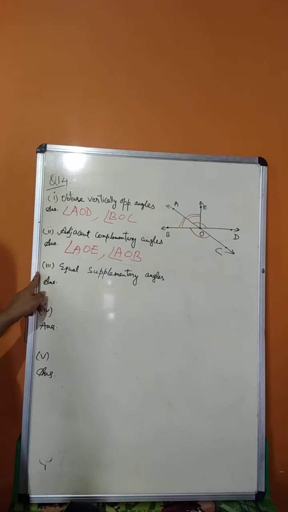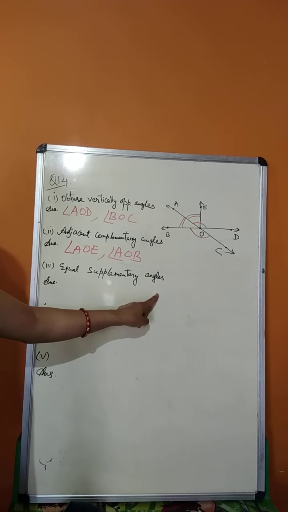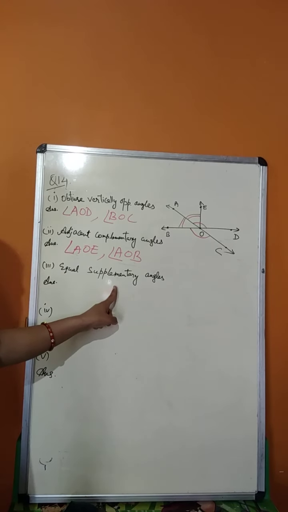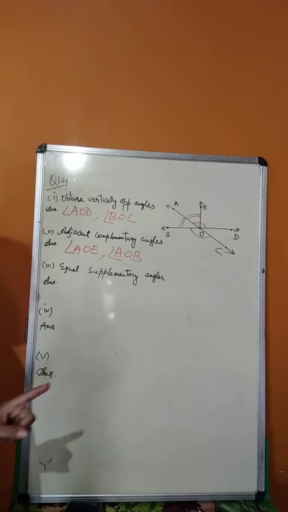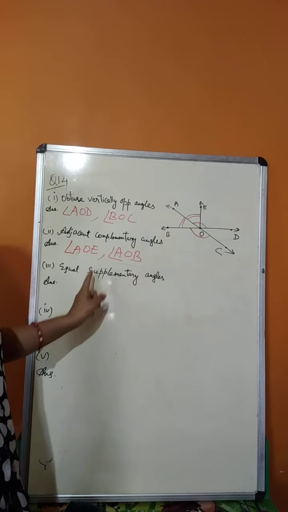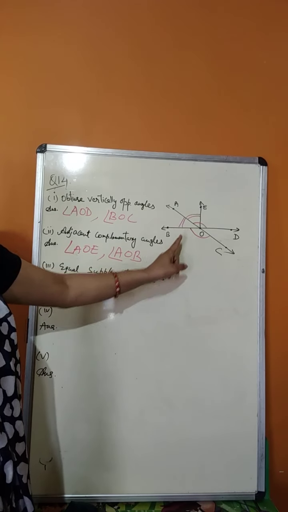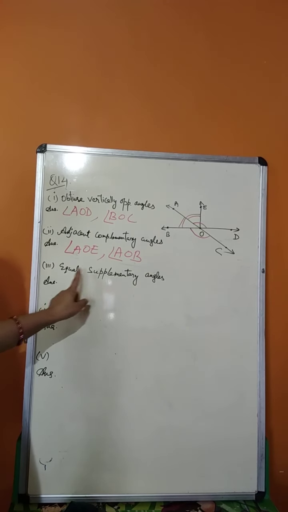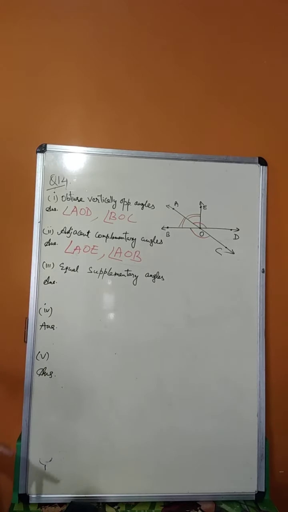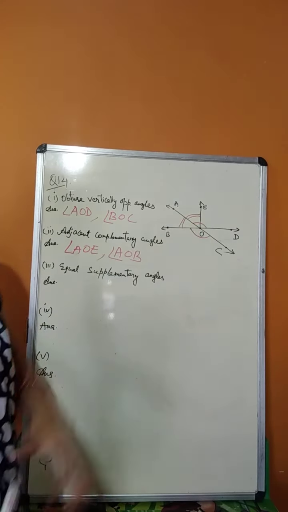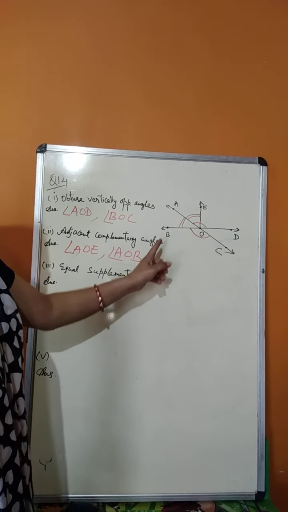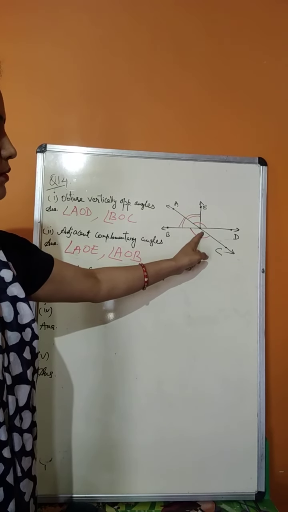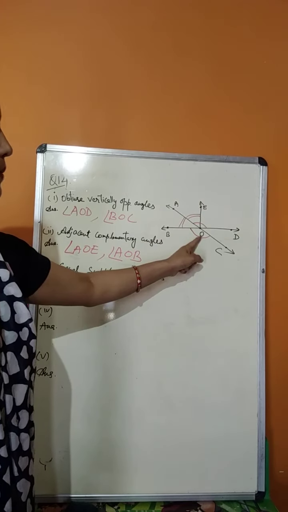Now the third part, equal supplementary angles. That is supplementary angles which are equal. Supplementary means angles whose sum is equal to 180 degrees. So which are the two angles whose sum is 180 degrees and they are equal as well? See here, supplementary angles EOD and EOB.